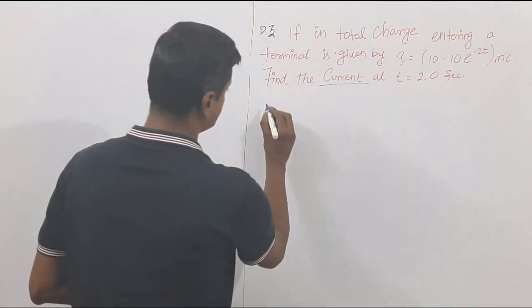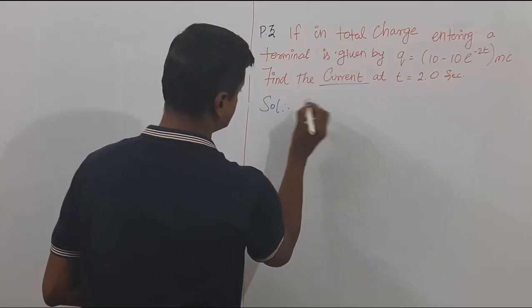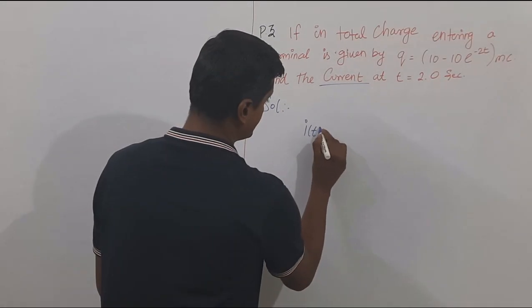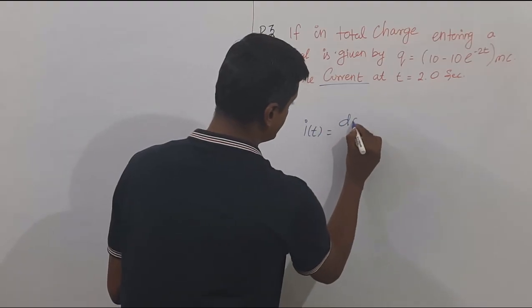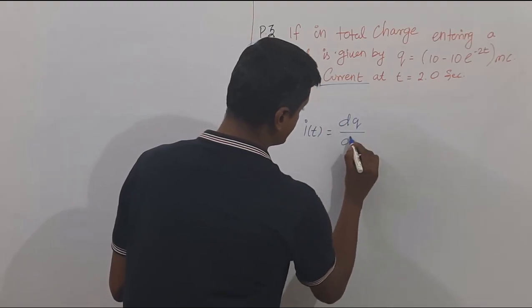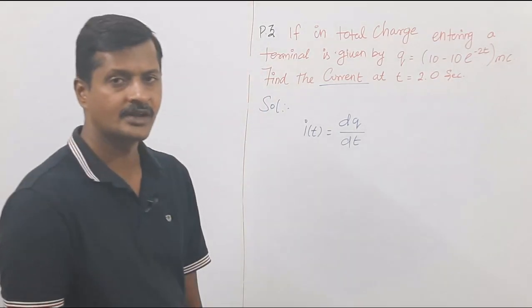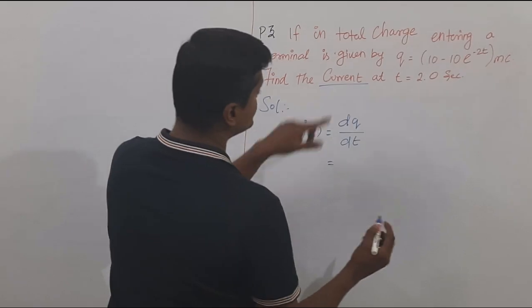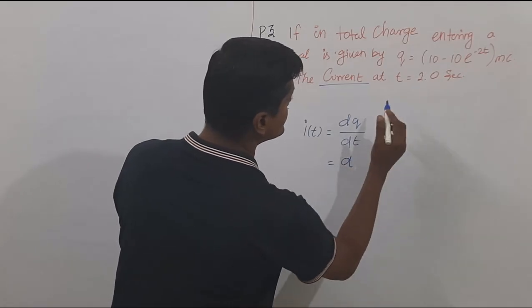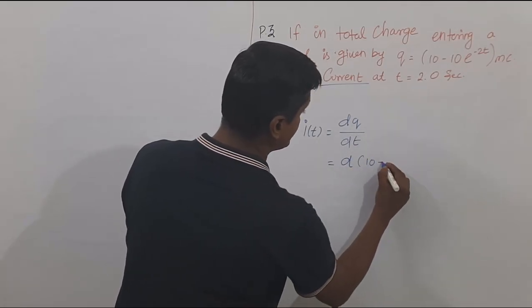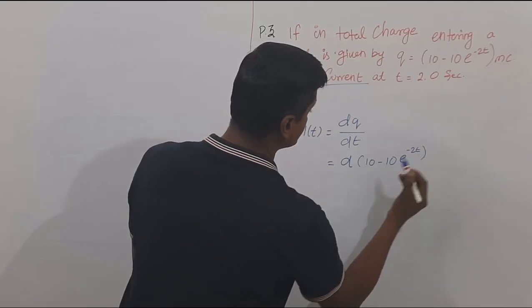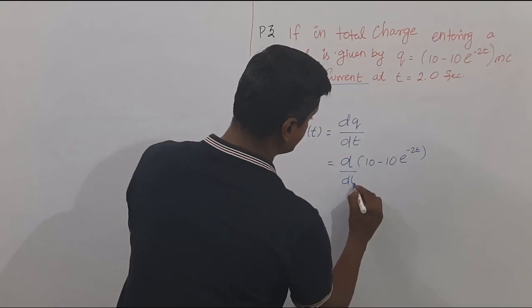The solution: i of t is equal to dq by dt, where q is 10 minus 10 e power minus 2t, so dq is d of (10 minus 10 e power minus 2t) divided by dt.